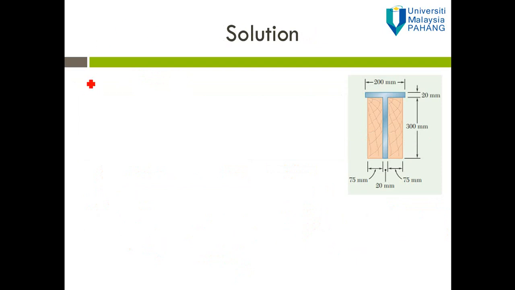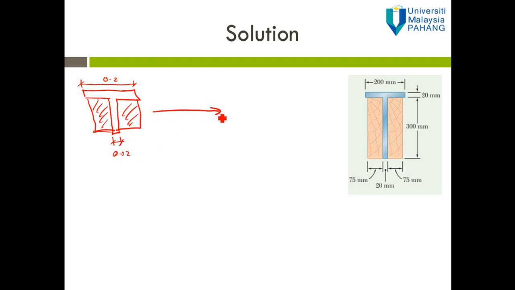Now let me draw the composite beam again. This is the composite beam, and the width here is 0.2, converted to meters, and here is 0.02.